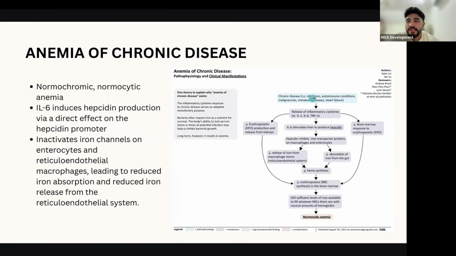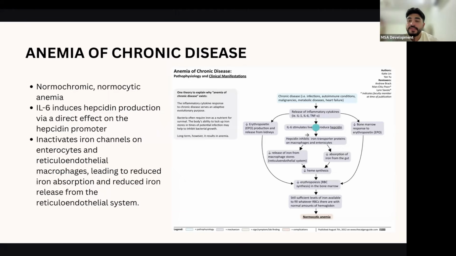So with chronic disease, with this ongoing long infection or certain condition, you're going to have a release of inflammatory cytokines at a dysregulated rhythm. So you're going to have interleukin-1, interleukin-6, and TNF-alpha. And the biggest player that you have to remember and never forget is interleukin-6.